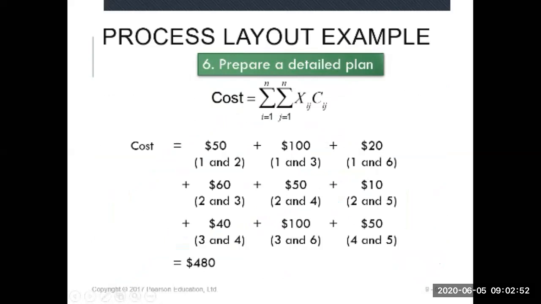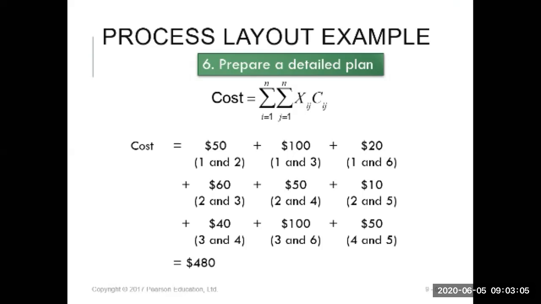See, you can reduce it. We move one department, we rearrange the departments near the other one, so we can reduce the material handling cost. This is the objective for process layout. We want to make sure that processes with higher cost or higher distance stay side by side, near to each other.